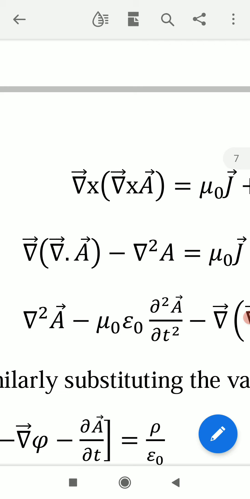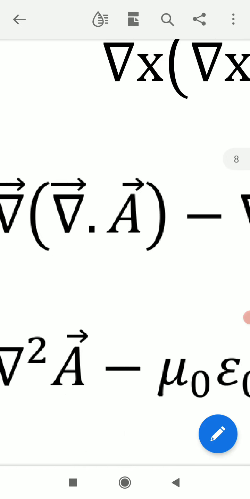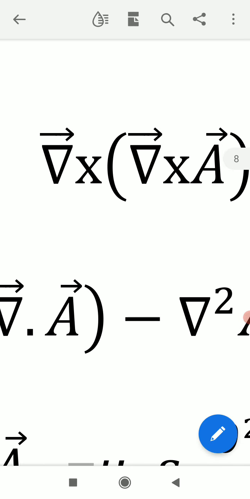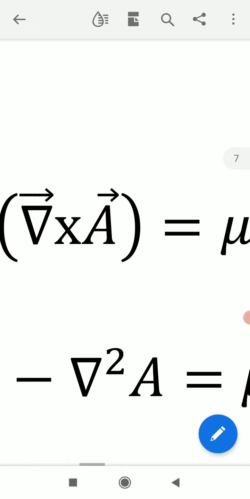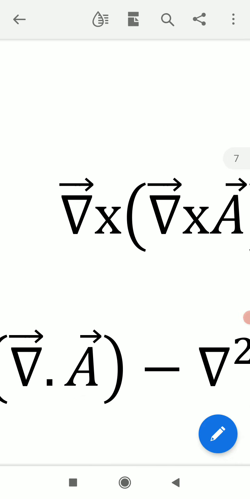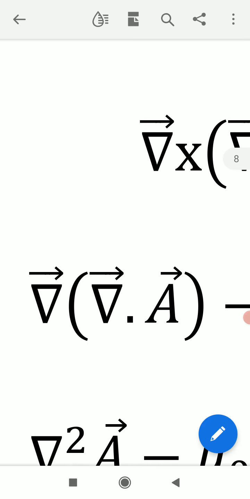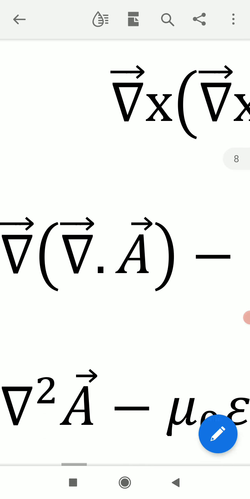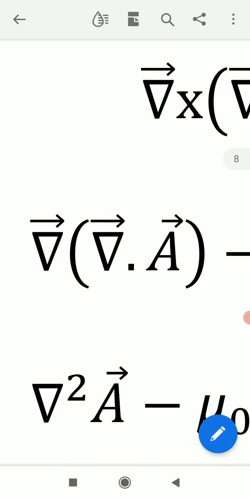A cross B cross C is A dot C times B, minus A dot B times C. A dot C means del dot A, which is here del dot A. A is del vector, B is again del vector, and C is A vector. So A cross B cross C is equal to A dot C times B, which gives this first term. A dot C means del dot A, and times del, which is written initially.